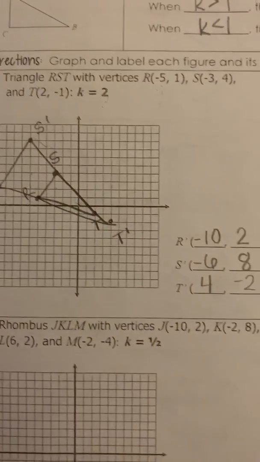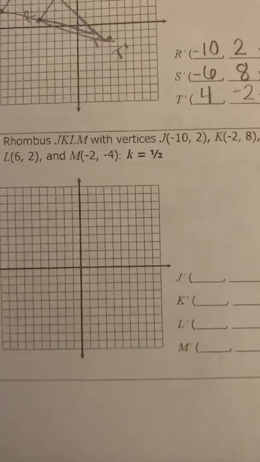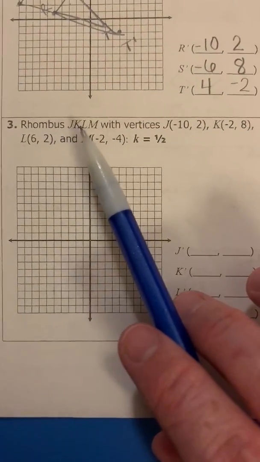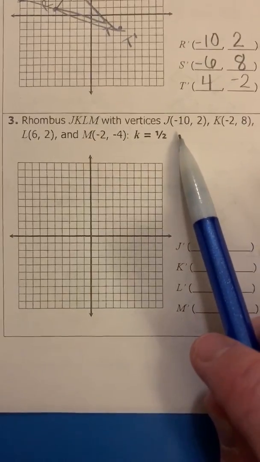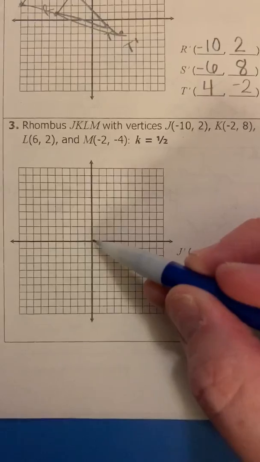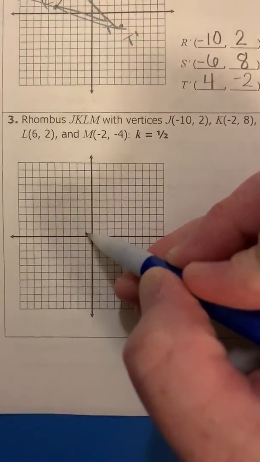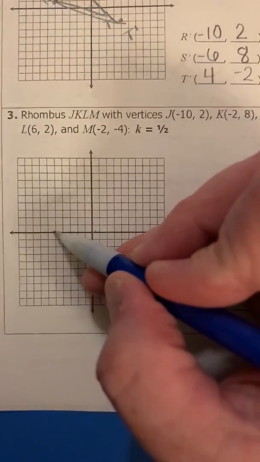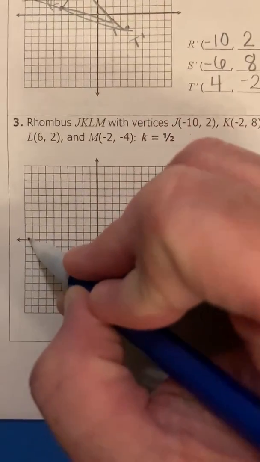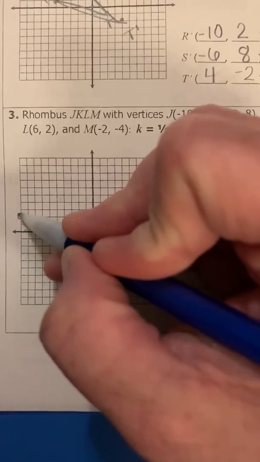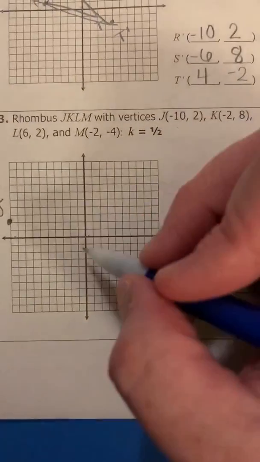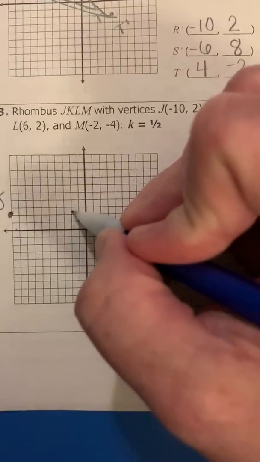So now let's just go ahead and do number 3. We'll just make this a longer video. Rhombus JKLM with vertices at J, negative 10, 2. So I'm going to start there. So I'm going to go to negative 10, 1, 2, 3, 4, 5, 6, 7, 8, 9, 10. And then up 2. K is negative 2, 8.